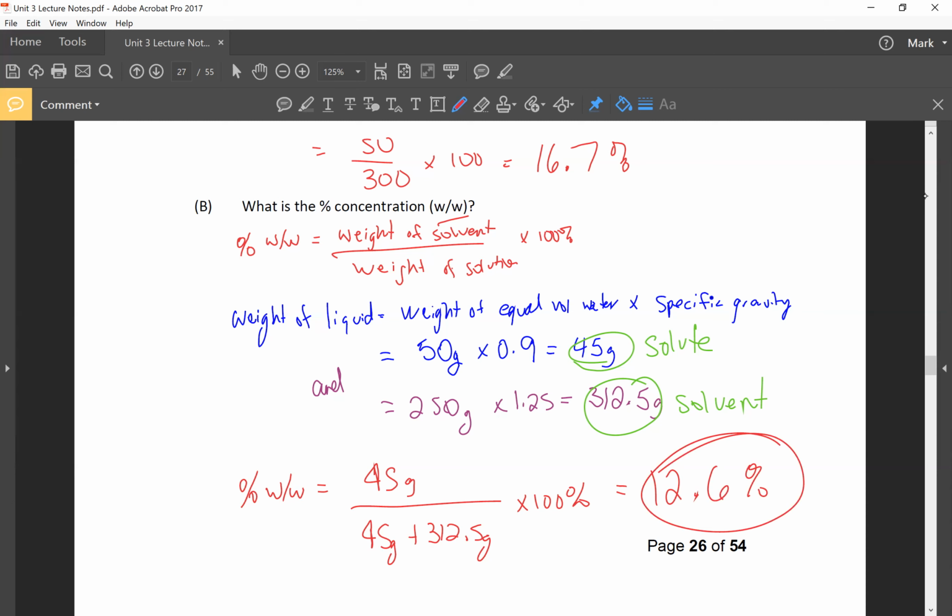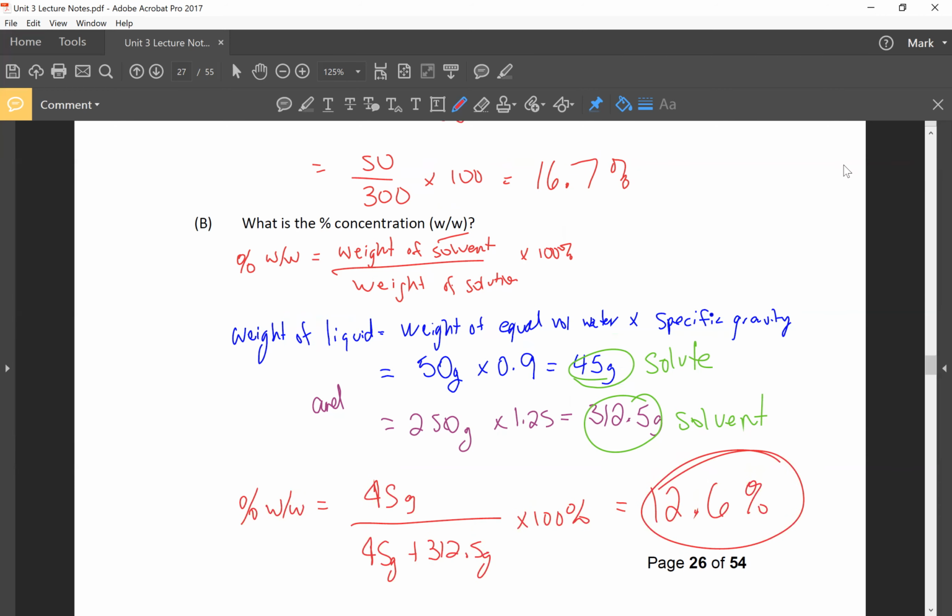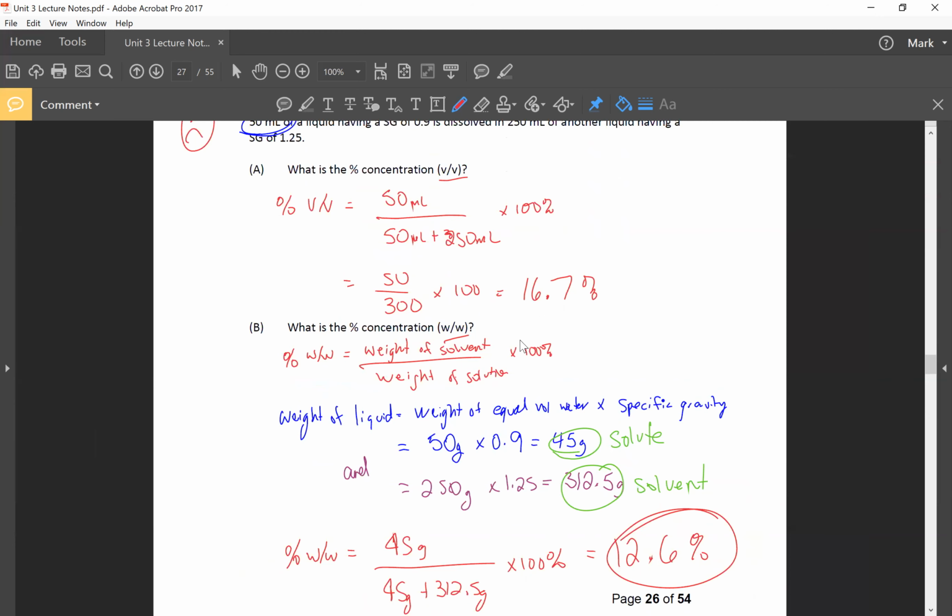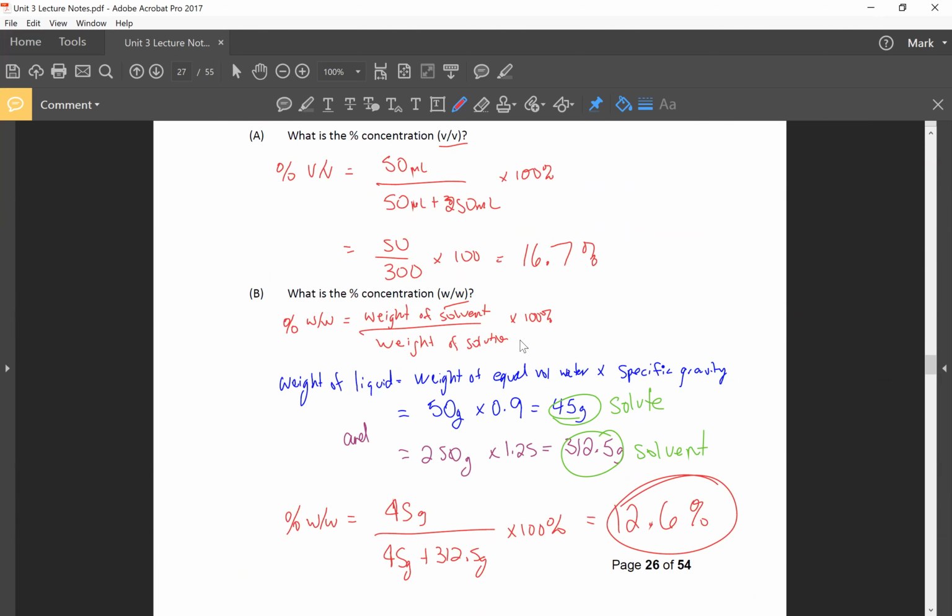The numbers are not the same, meaning what I mean is the number for question A is not the same as question B. And that's normal. The volume, or sorry, the percentage as a volume should not be the same as the percentage as a weight. So the fact that in one I have 12.6 and in another I have 16.7, that's normal. That's good.